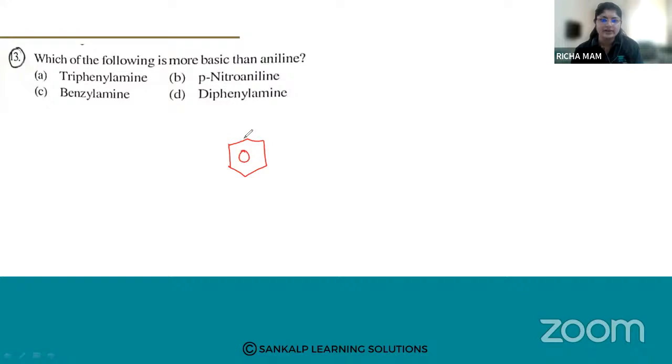So this is your aniline with NH2. When you have a benzylamine, so what will happen there? Benzylamine is more basic. So benzylamine, triphenylamine, diphenylamine, then para-nitroaniline.